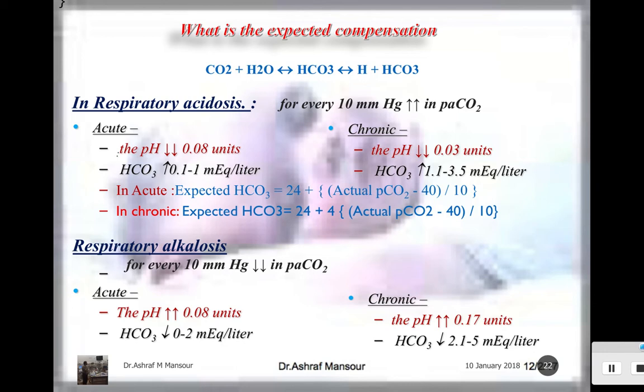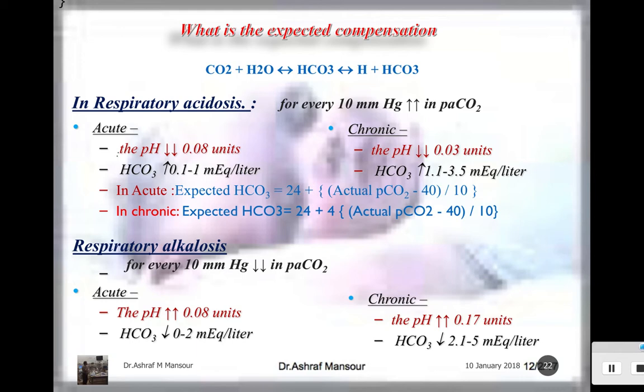So we know the equation of CO2 plus water will become the carbonic acid, which will dissociate to produce hydrogen ion and the ion of the HCO3, and it is in continuous equilibrium, and by this equation we will build up all our calculation method. So in respiratory acidosis, which is due to increase in the CO2, for every 10 mmHg increase in the CO2, there will be decrease in the pH.